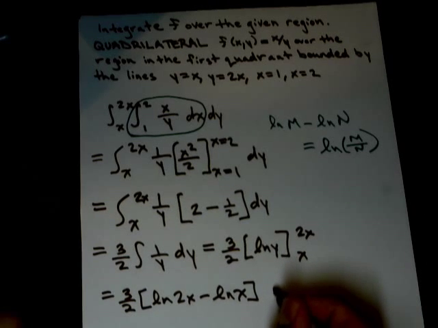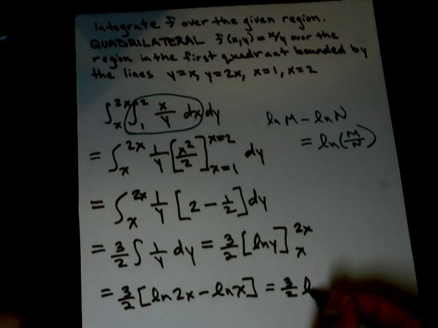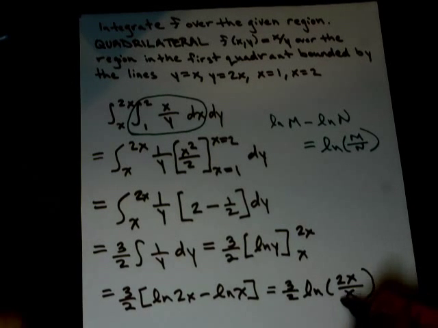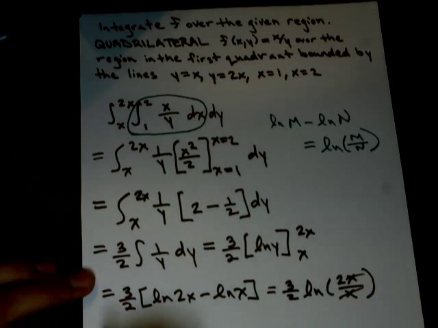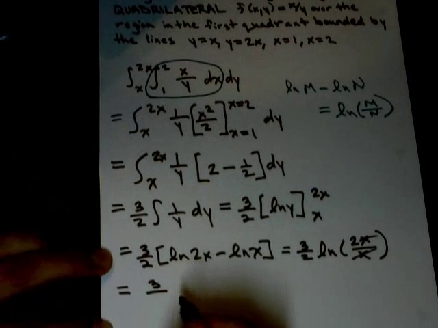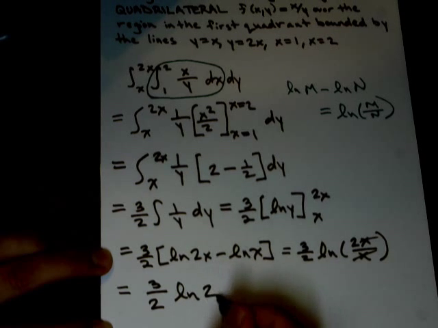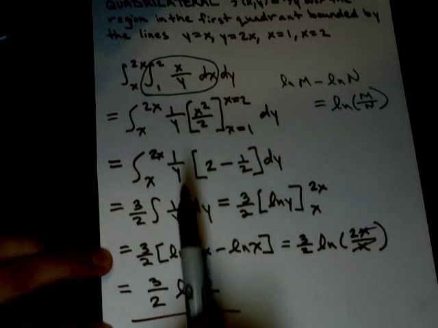So this is going to give us 3/2 times the natural log of 2x over x, and this x is going to cancel, the denominator and the numerator. So we're going to get 3/2 times the natural log of 2. So this is what our integral looks like after we evaluate it.